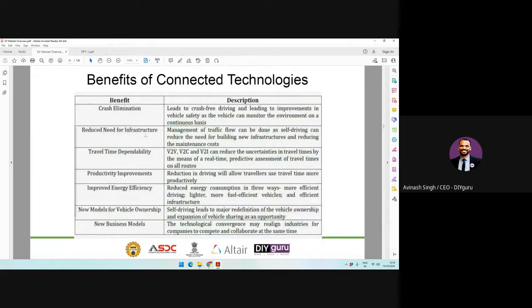Vehicle to grid in other terms also refers to the charging infrastructure that we have in place.